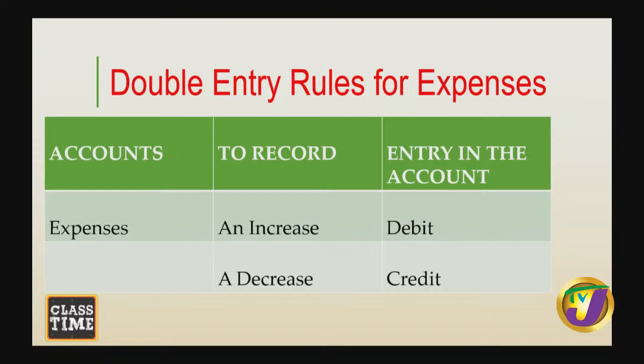So if you know one, you automatically know the other because it's the opposite. Whenever there's a decrease in expenses, we are going to credit the account. Beautiful. Record it. Don't let it go. Increase in expenses, we debit. Decrease in expenses, we credit.